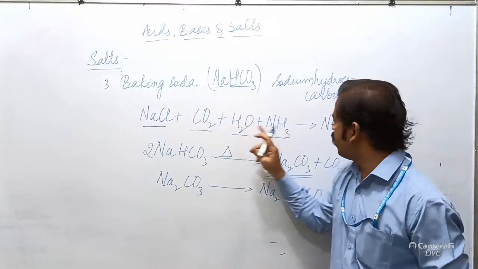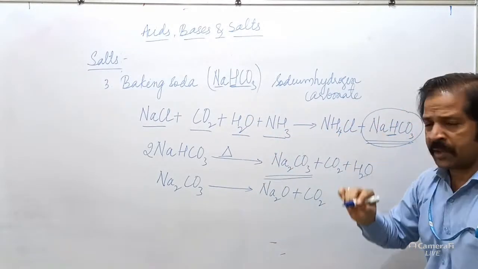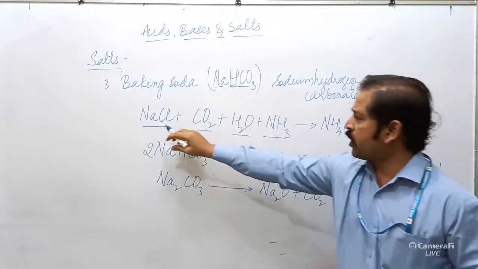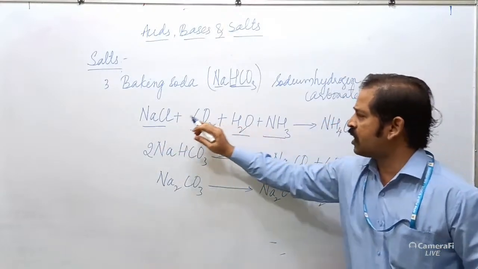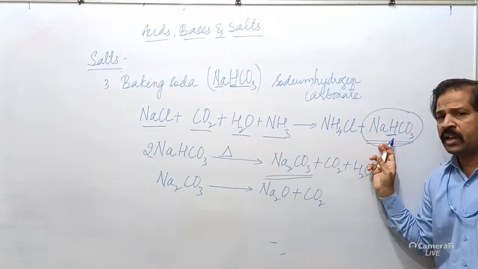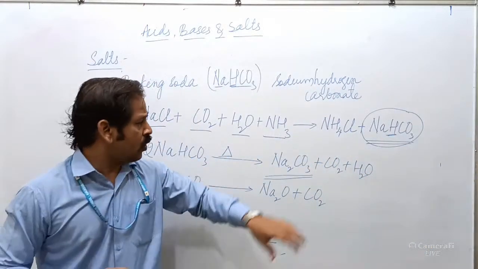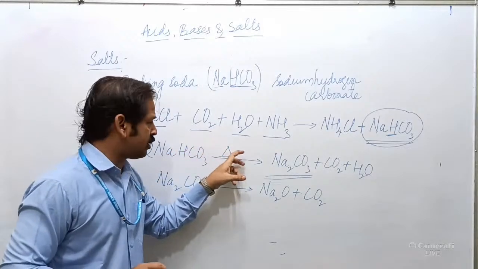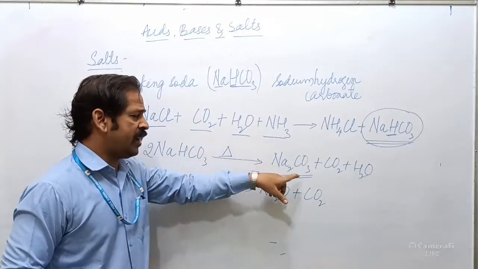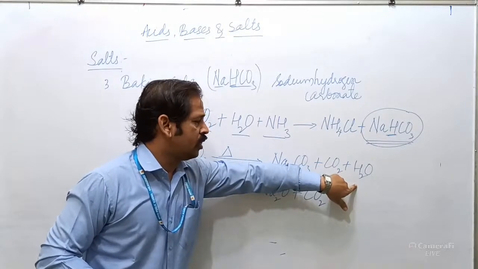We have got the sodium bicarbonate. When sodium chloride reacts with ammonia, water and carbon dioxide, we get ammonium chloride and sodium bicarbonate. If you go for thermal decomposition of this sodium bicarbonate, we get sodium carbonate, carbon dioxide as well as water.